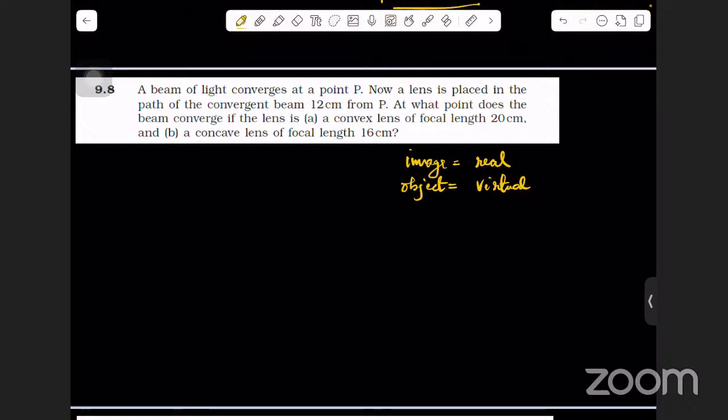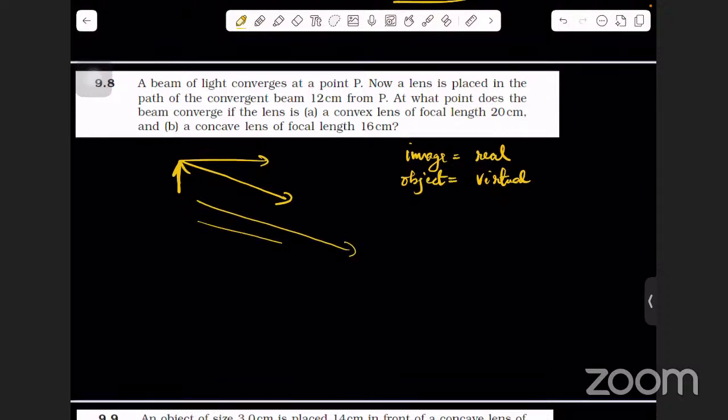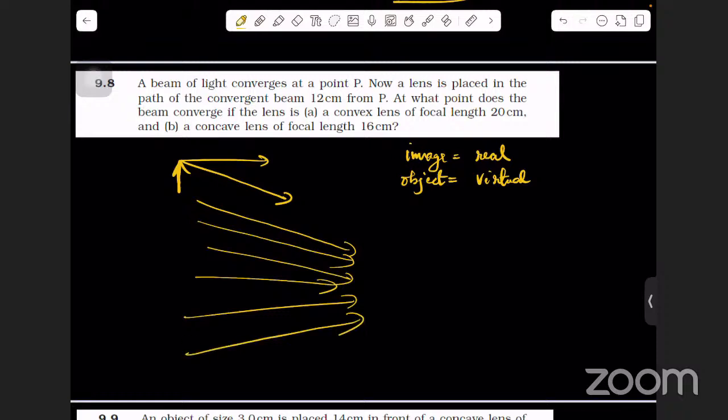Normally, for a real object, we assume that the beams actually diverge from the object. But in this case, the beams are not diverging from the object, they are converging at a point.